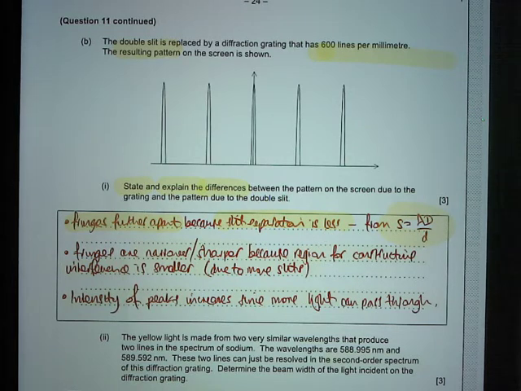The fringes are narrower and sharper because the region for constructive interference will be much smaller now because you've got more slits. Also, because you've got more slits per millimeter, you'll have a higher intensity for the peaks, since more light can pass through the diffraction grating.